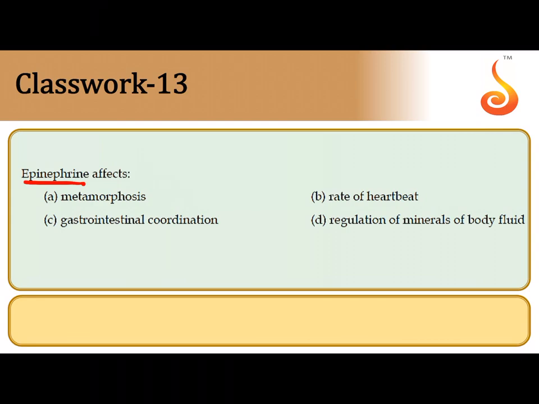So epinephrine is an emergency hormone, so obviously it is going to influence the rate of your heartbeat and also the strength of contraction of your heart muscles, because it has to help you face an emergency situation, and that demands that every part of your body is richly supplied with blood, and that is made possible by increasing the rate of heartbeat.